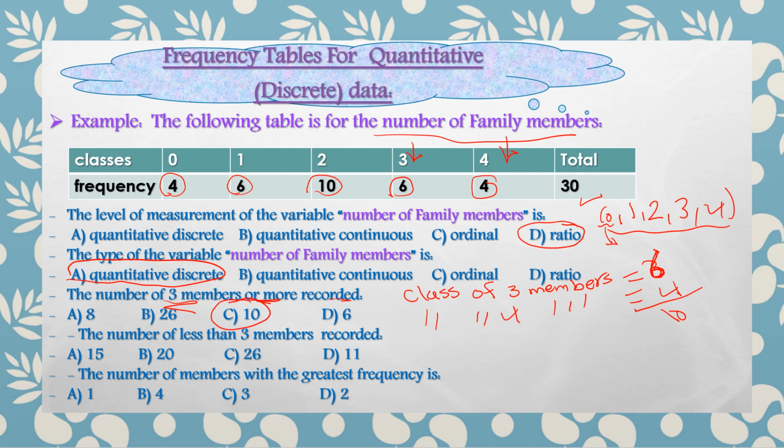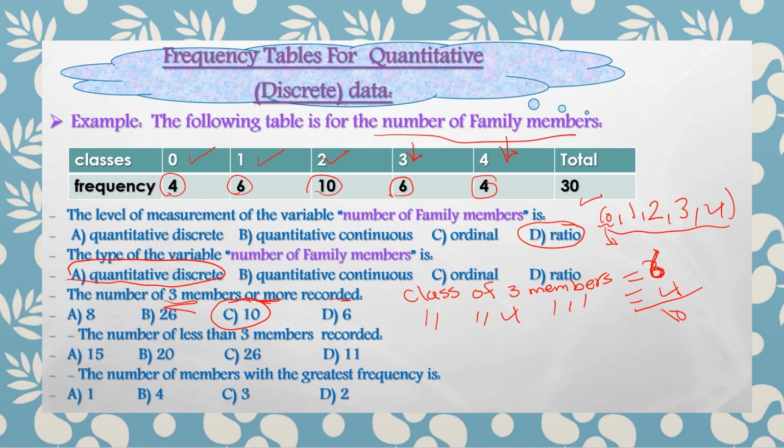Another question, the number of less than 3 members recorded. Again, here he is asking about the frequency for all classes less than 3 members. The classes less than 3 members are 0, 1, and 2. All these classes are less than 3 members.